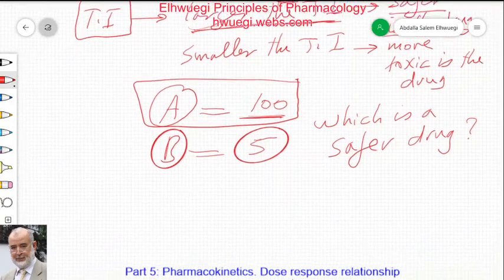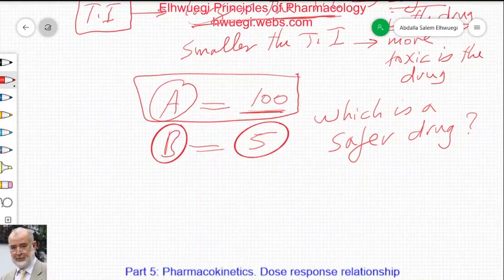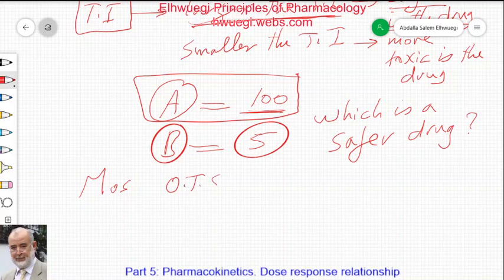So what's the use of therapeutic index? Take for example OTC drugs. OTC means over the counter, meaning the drug can be taken without a prescription.